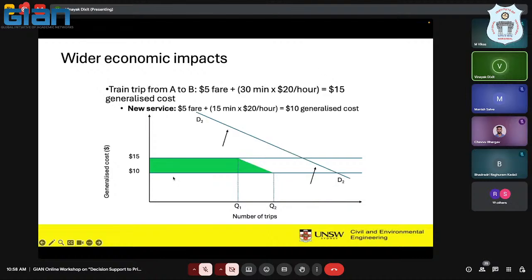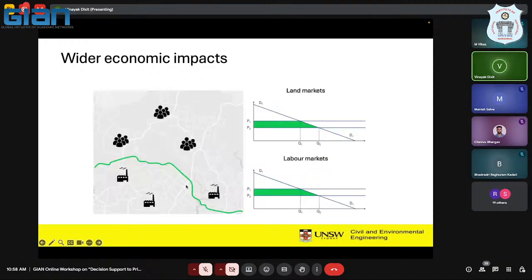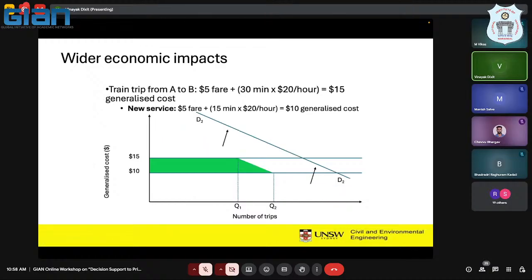But what really happens is that the demand curve also shifts. Originally the demand curve was here, but because of the reduction in prices, the demand is increasing, and the demand curve itself will shift.